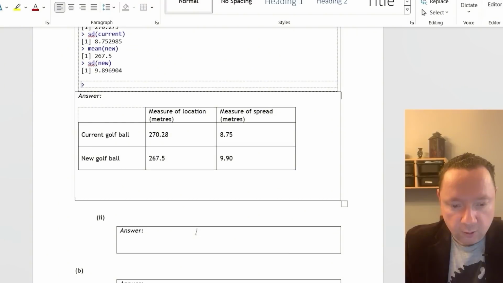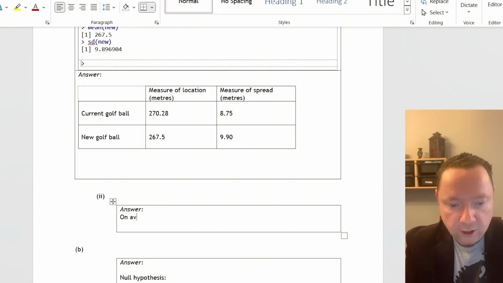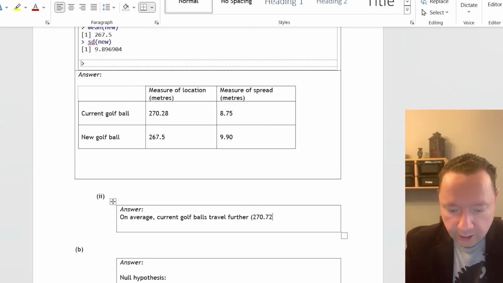Any rounding you want. And then on average, using the mean, current golf balls travel further. 270.28 is bigger than 267.5.